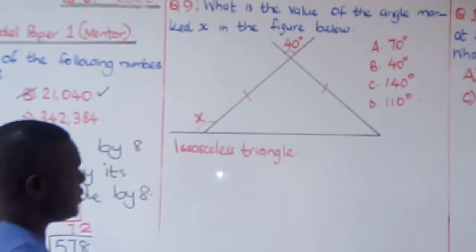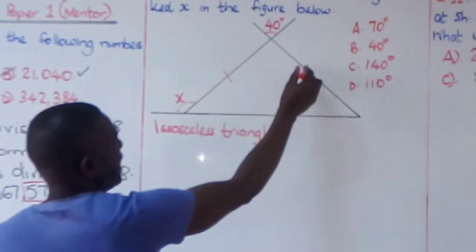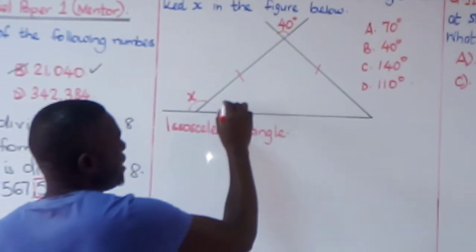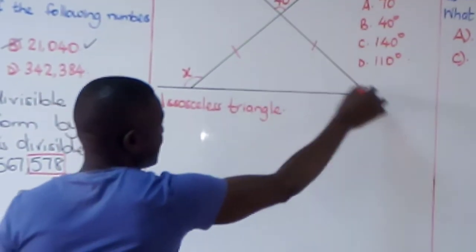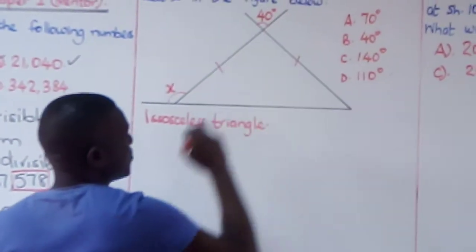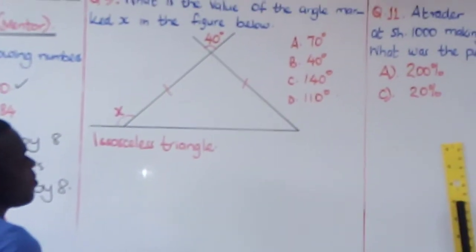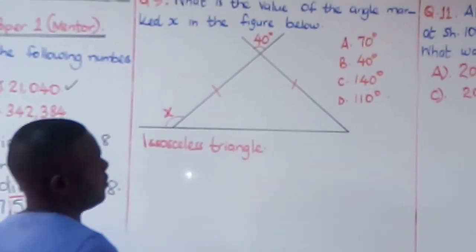Why do I say so? Because of these marks. This mark here and that mark mean that this side measures the same as that side. So that means two sides of that triangle are equal. That makes it an isosceles triangle.